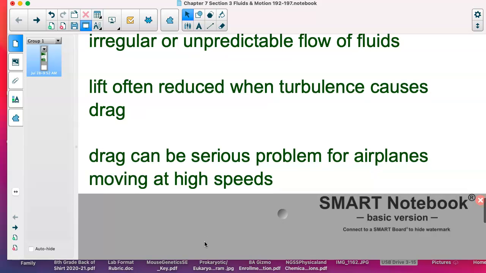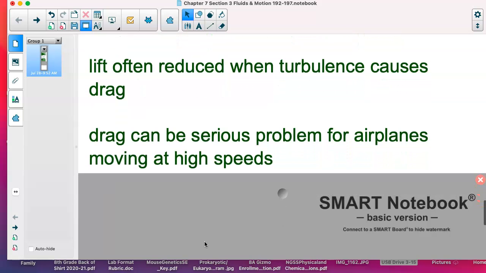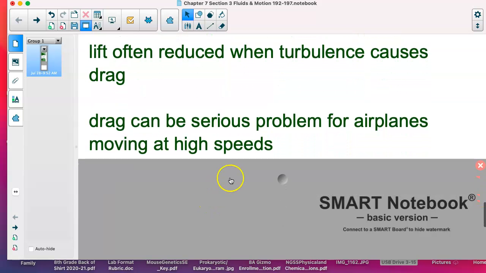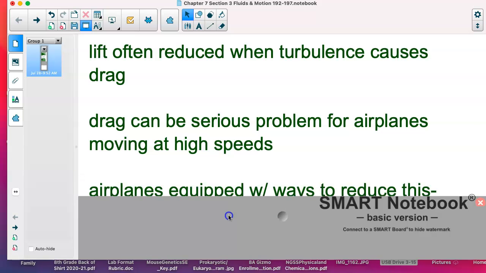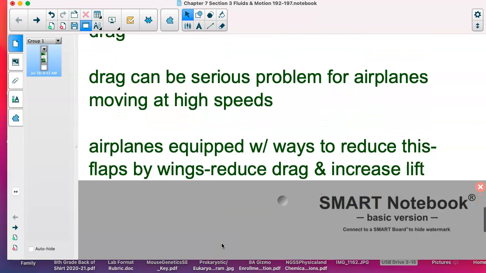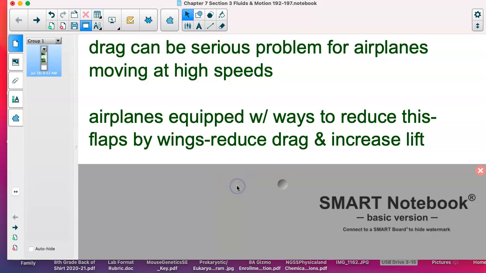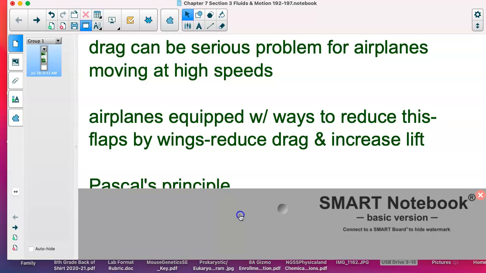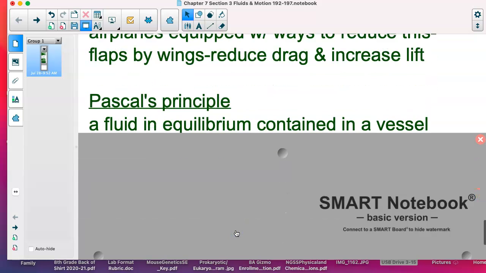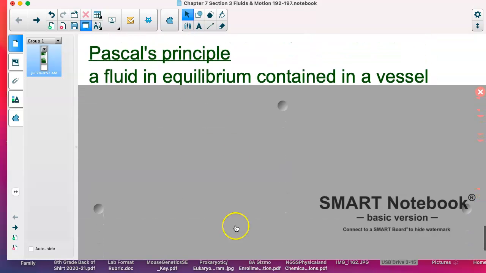And you don't want it when you're trying to move at a high speed through the sky. So pilots are well versed in how to handle all of that. So they use those flaps and all sorts of different parts to be able to increase the lift and make sure everything is handled.